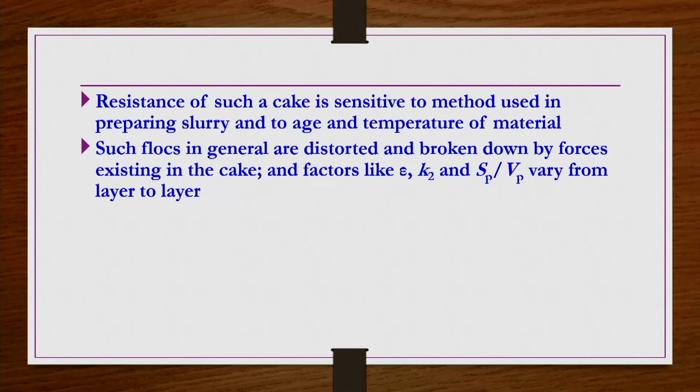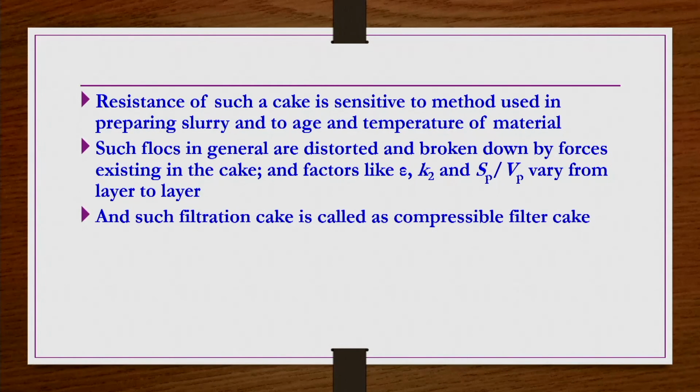Such flocs in general are distorted and broken down by forces existing in the cake, and factors like epsilon, K2, Sp by Vp in general vary from layer to layer. Because of that, pressure drop is also going to be non-linear, and such a filtration cake is called a compressible filter cake, where the cake resistance is a function of pressure drop.